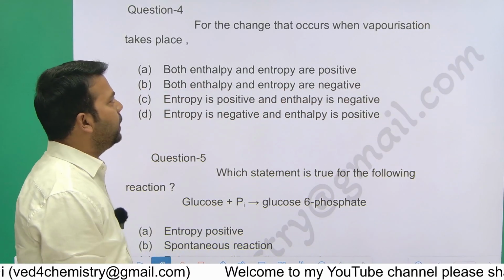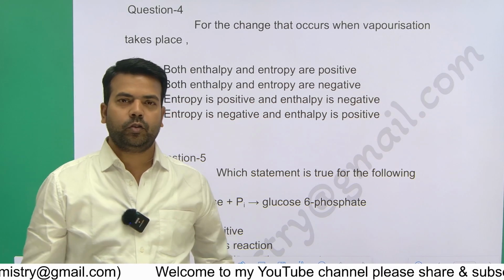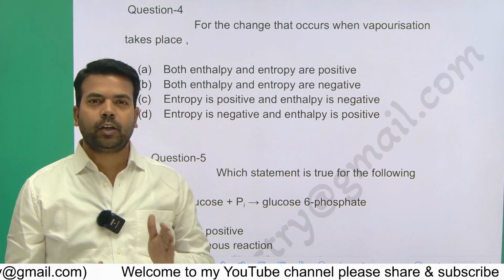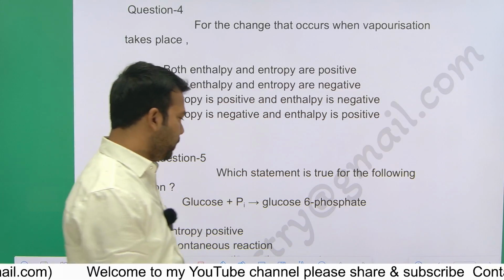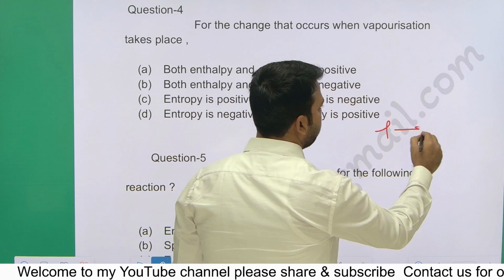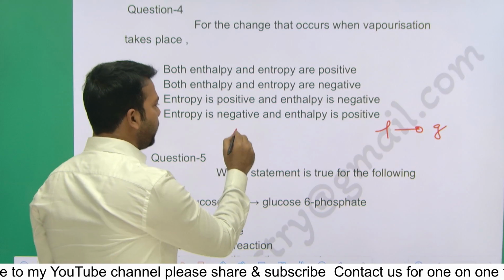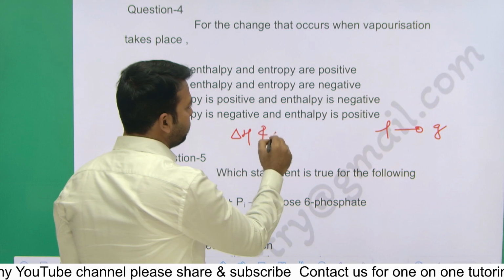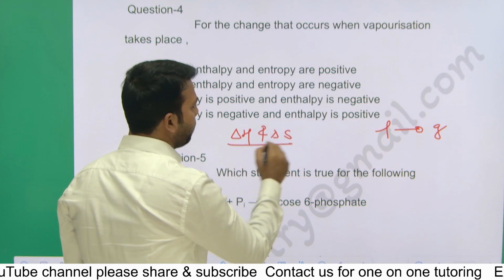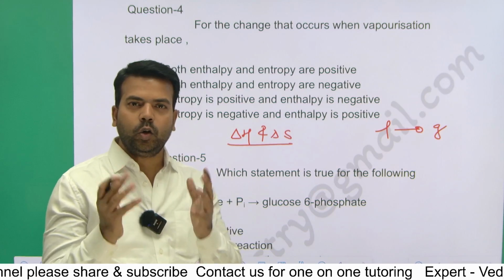So for the change that occurs when vaporization takes place, what is vaporization first of all? Vaporization means liquid to gas, okay? So liquid to gas. So here we have two things, delta H and delta S. Liquid molecules are very close to each other.